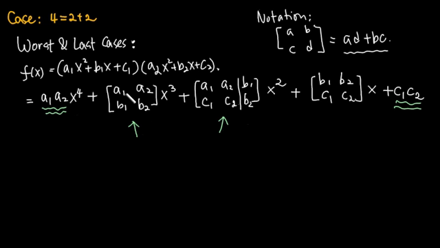And since A1 and A2, C1 and C2 are known, the only thing that is not known here is B1, B2. And you can see from here we have B1 and B2 because A1 and A2 are known. So we have A1, B2, A2, B1.